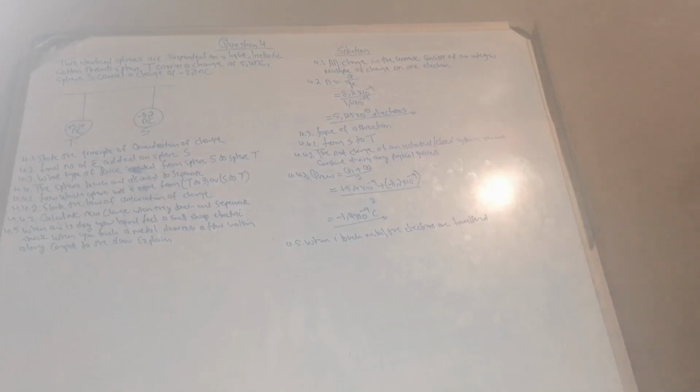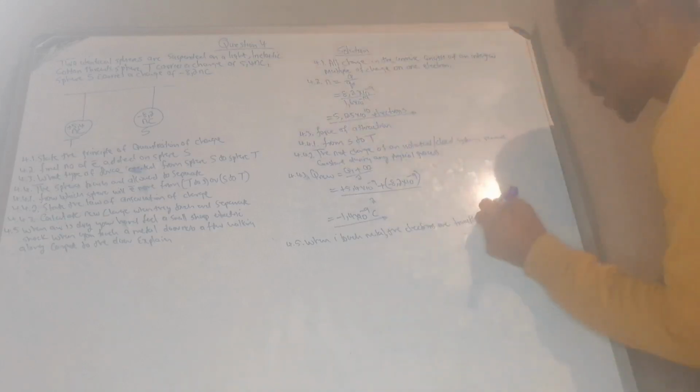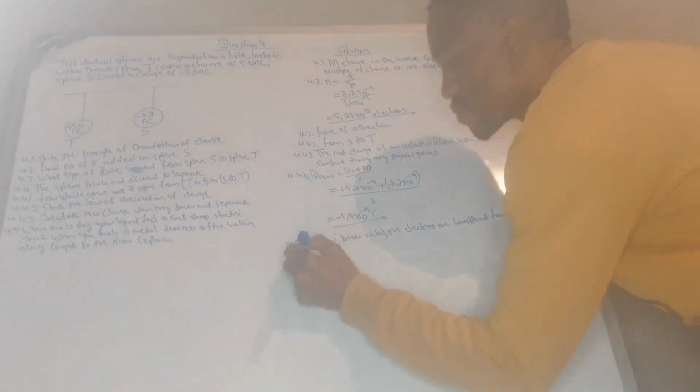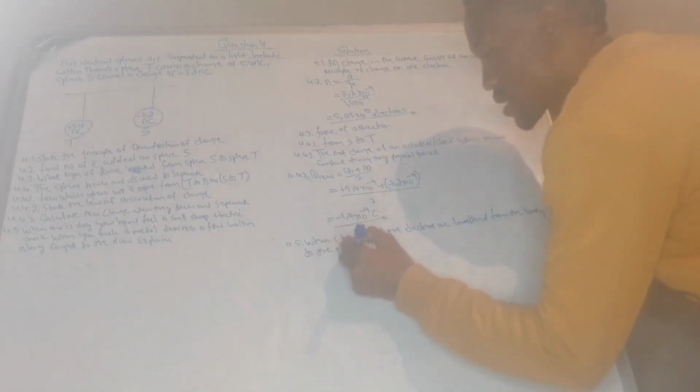Now you are negatively charged, so from you to the metal substance. The electrons are transferred from the body, which is your hands in this regard, to the metal substance.